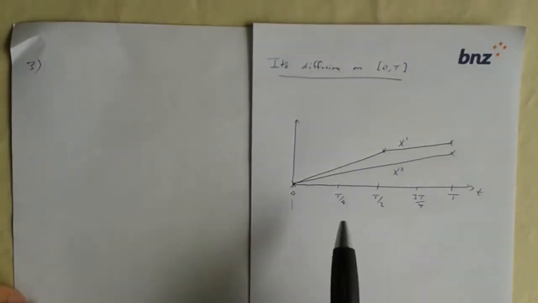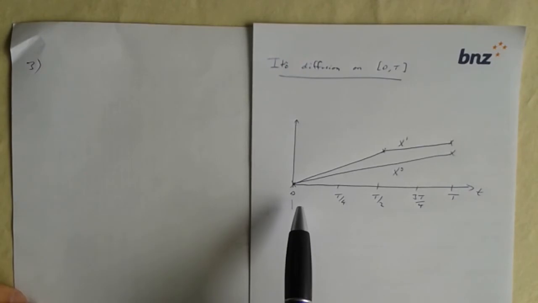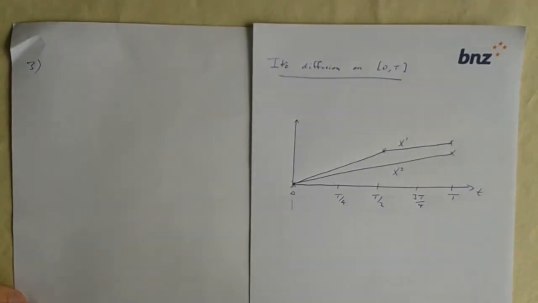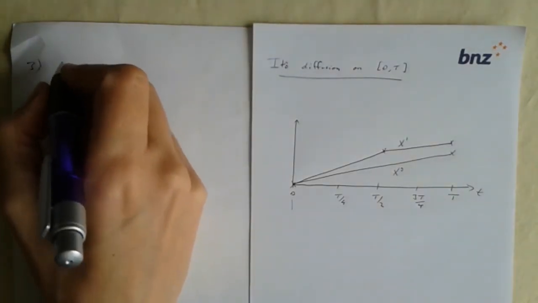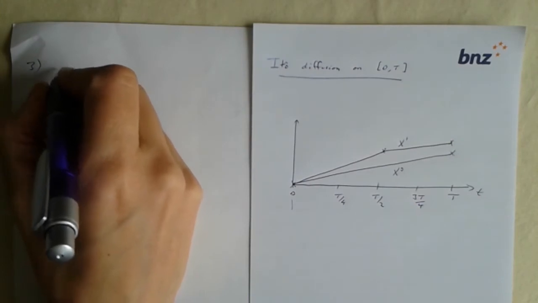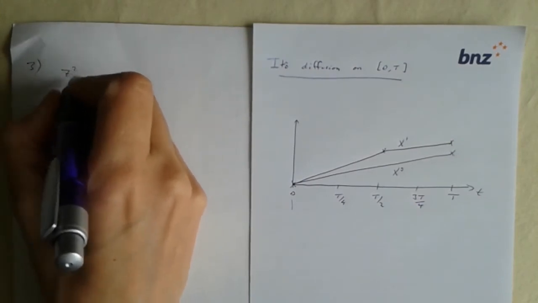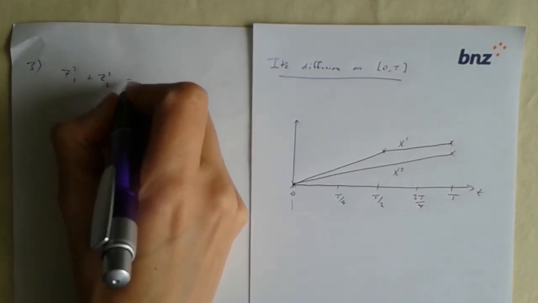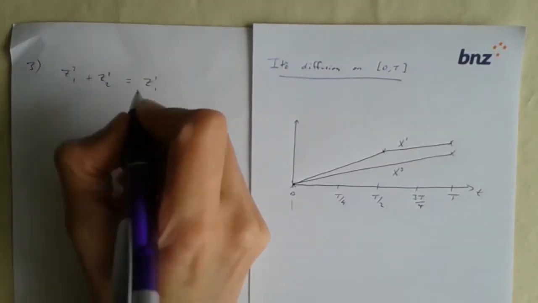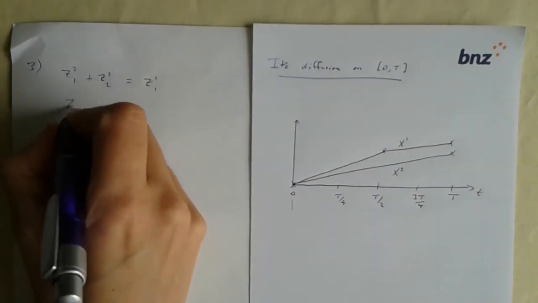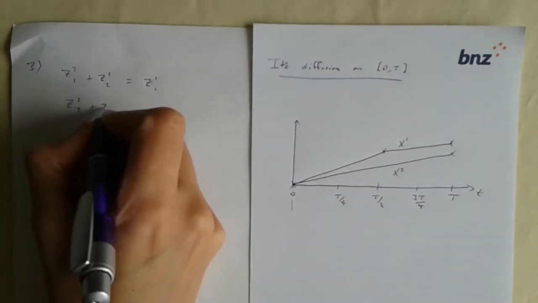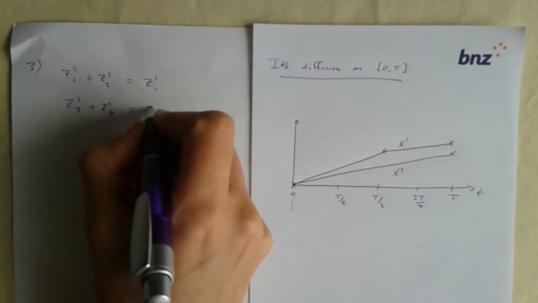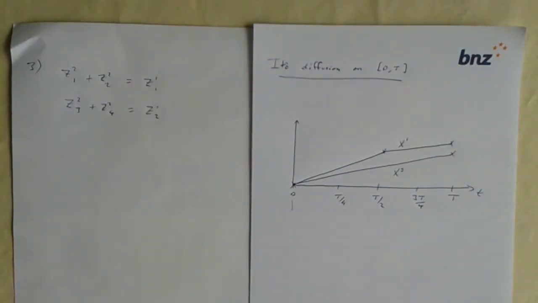Next step, now we're dividing the time interval into 4 parts of length t over 4, and so this time we're going to split up our normally distributed random variables like so. We're going to have z2 1 and z2 2, which will add up to what our first one was before, and z2 3 and z2 4, which will add up to what the second one was at the previous stage.